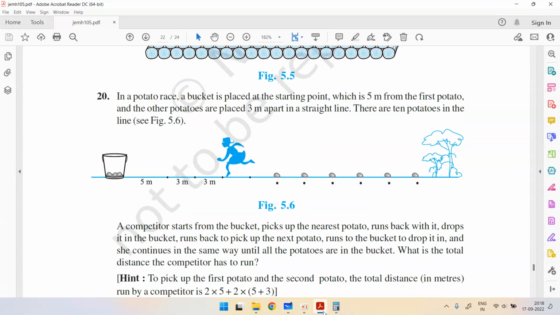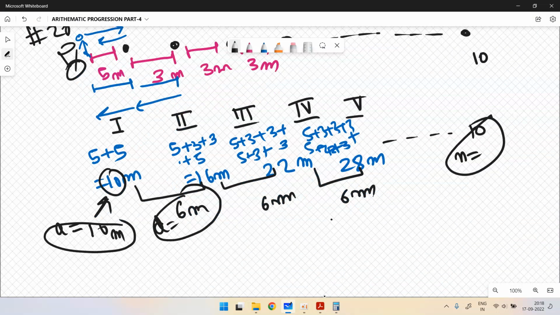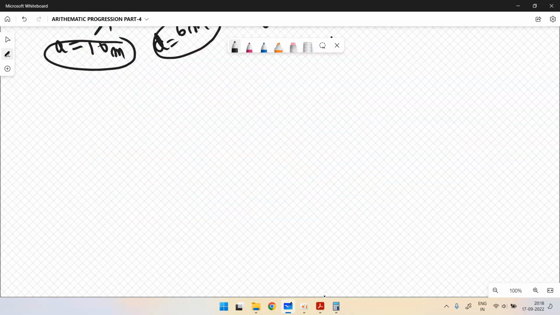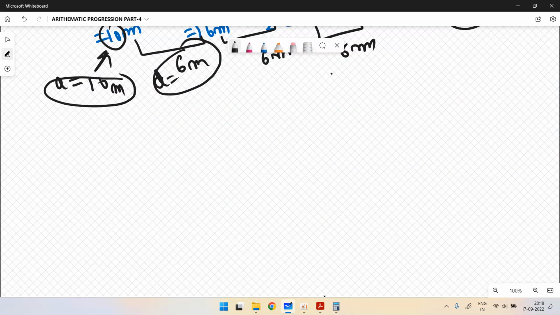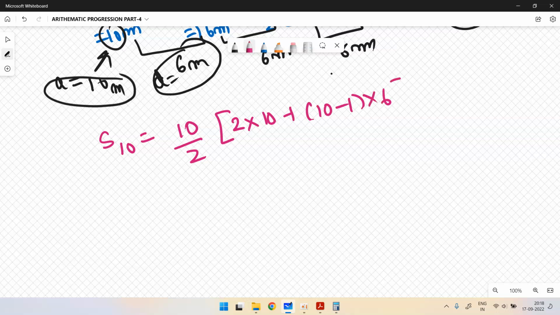You have to find the total distance she had to run. The total distance the competitor had to run is nothing but the sum, S of 10, since there are 10 potatoes. So this is 10 by 2 into (2a plus (n minus 1) d), where n is 10 and d is 6.